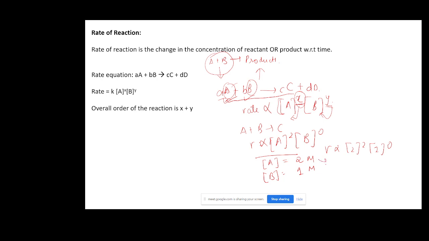Now if you want to increase the rate or decrease the rate, you can manipulate any of these.